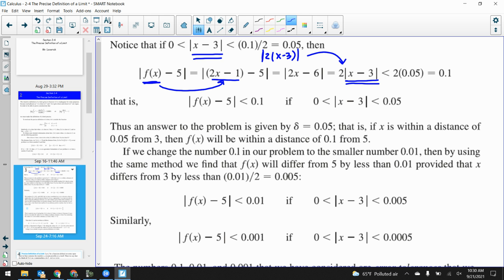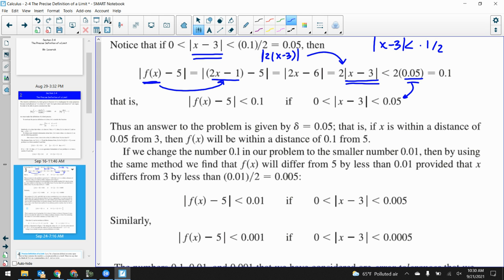So right here. Now, the absolute value of x minus 3 was less than 0.1 divided by 2. That's a statement right here, that 0.005. Now, if we put a 2 here, we put a 2 there, that's equal to 0.1. That is, here, this 0.05, that is the difference away from f of x.